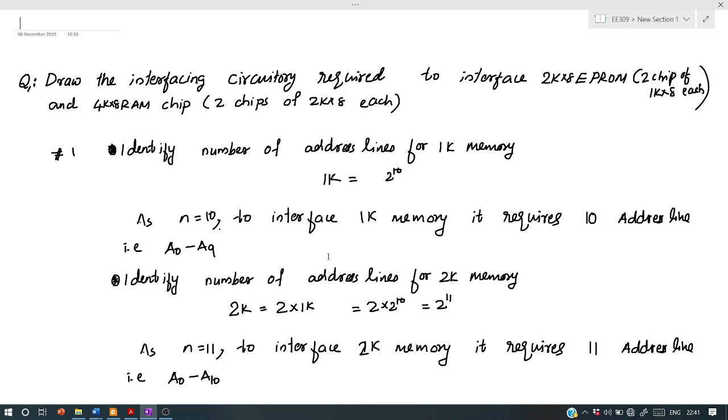So these address lines are the 3 inputs to the 3 to 8 decoder circuit. Then the next thing is to enable the decoder circuit by giving an active low signal using the remaining address lines of 8085 along with the status signal IO by M bar. So using a combinational circuit or some gate circuit, it is possible to generate an active low signal to select the decoder IC.